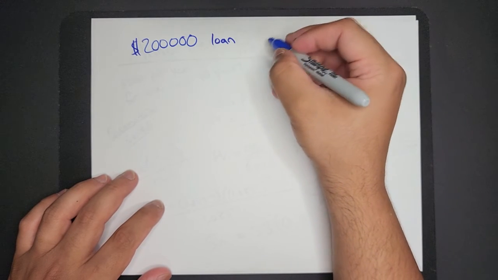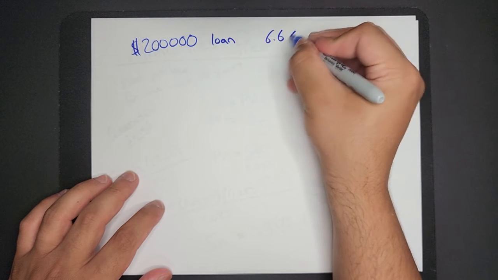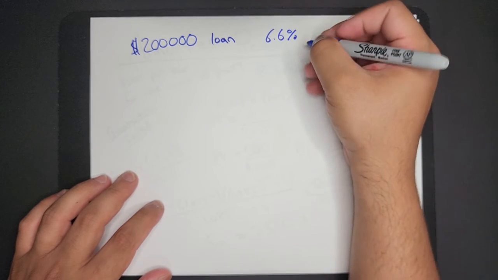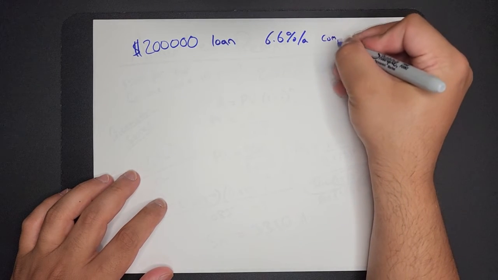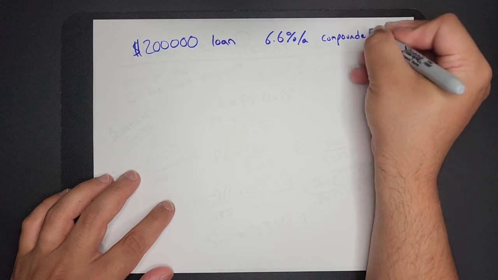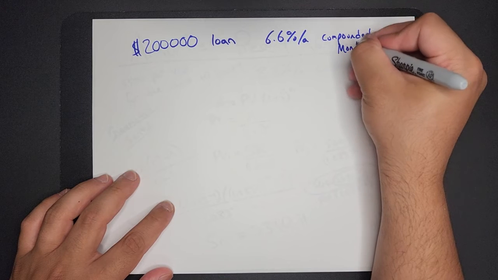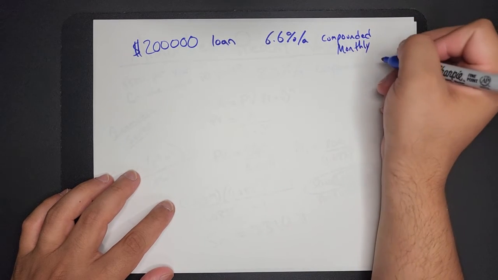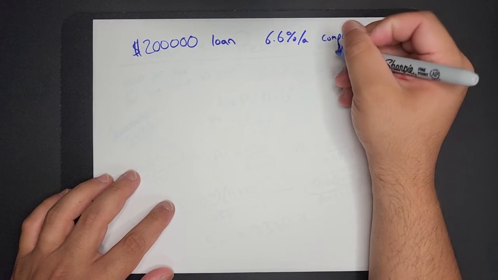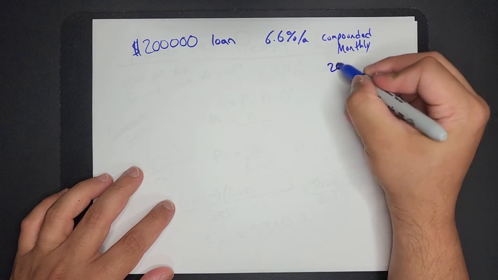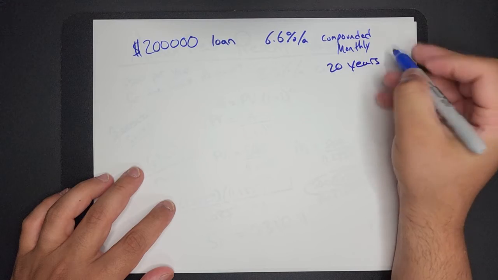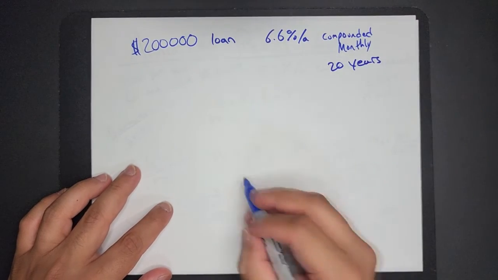And let's say the bank charges 6.6% per annum compounded monthly. And let's say we're going to take 20 years to pay this loan off.